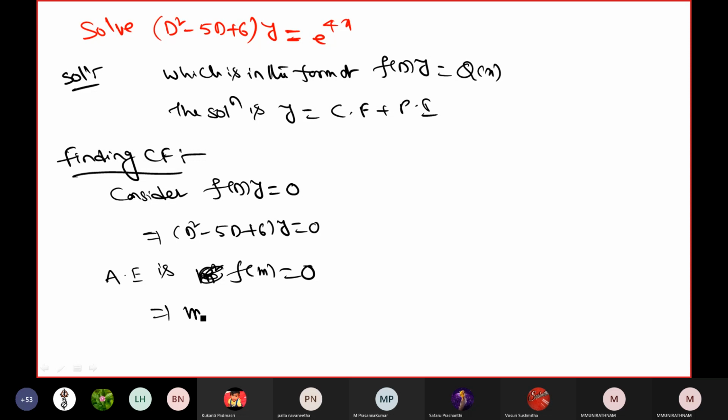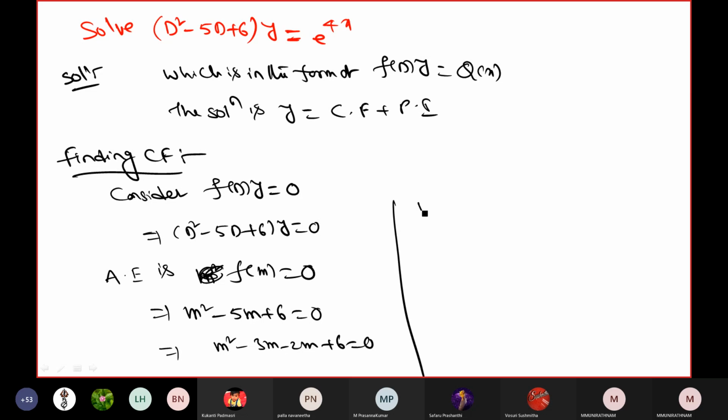What is f(m)? m^2 - 5m + 6 = 0. What is the CF of anyone?